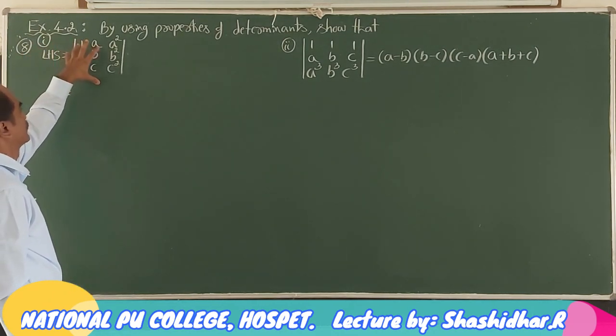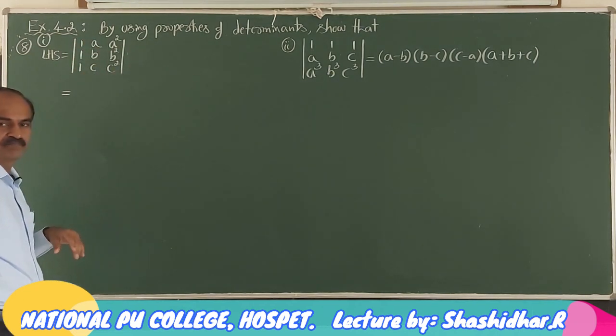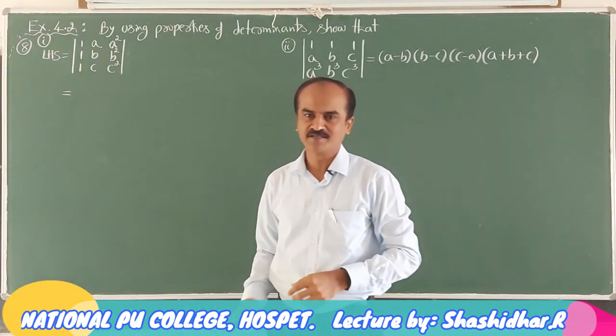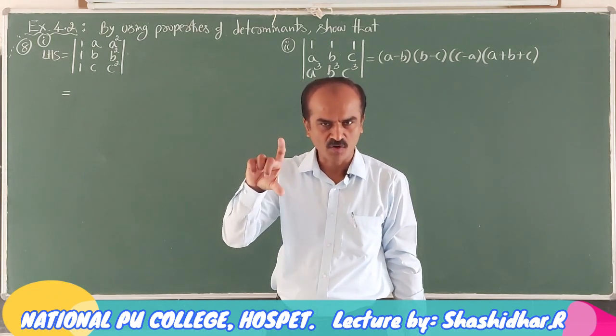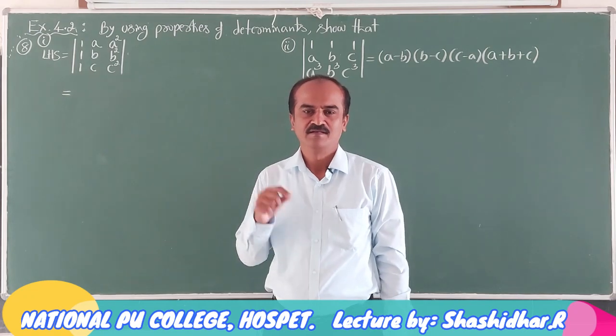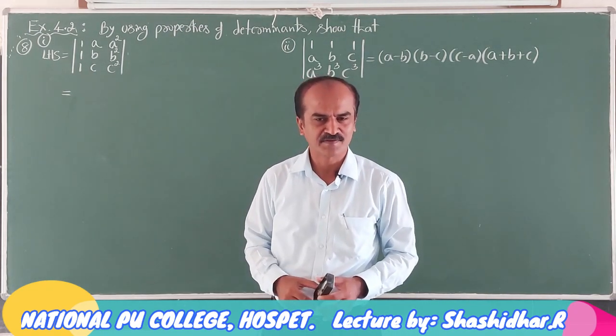In order to show that value of determinant is a minus b, b minus c, c minus a, we'll go for planning row or column operation in such a way that all the elements in any row or column must be equal to a minus b. Such row or column operation we will plan. Why? What is the advantage from this?